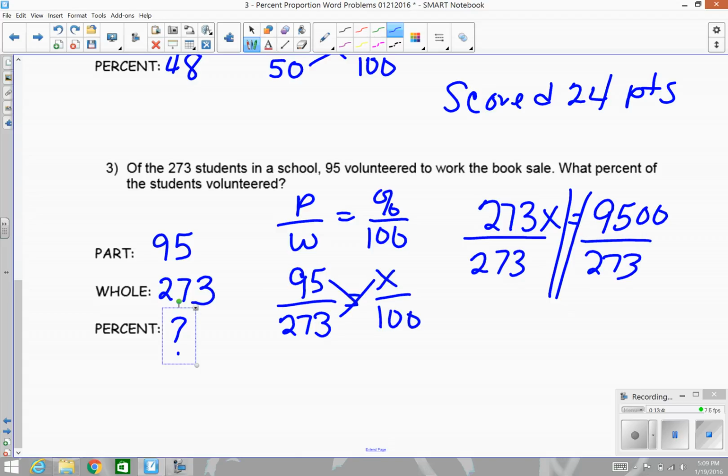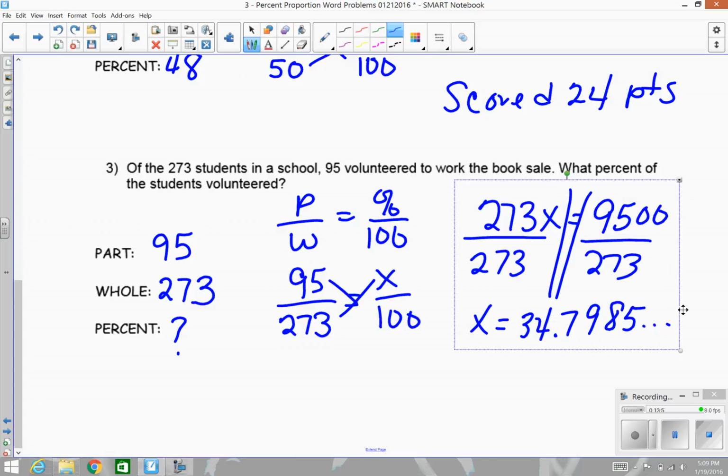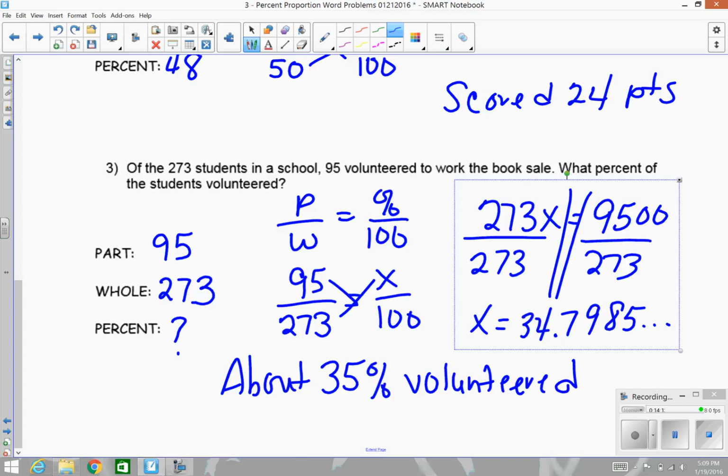And I did end up rounding this one because you should have got 34.7985... Okay, so we could say that this is about 35% volunteered. And I don't really need a complete sentence, but it would be nice if you could connect the answer back to the word problem. Okay?